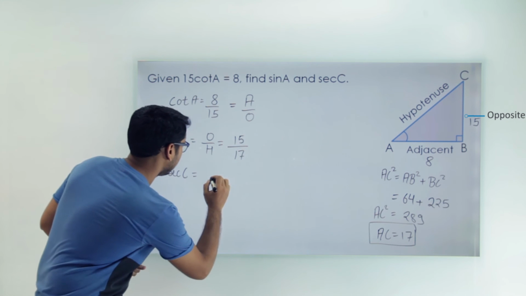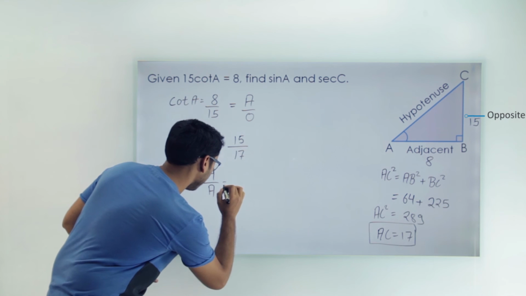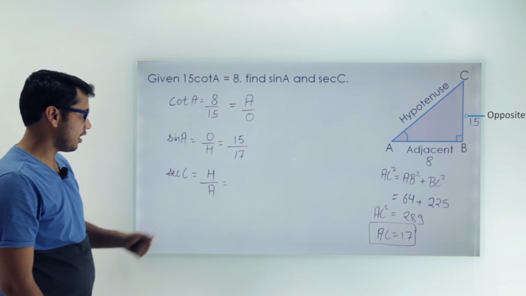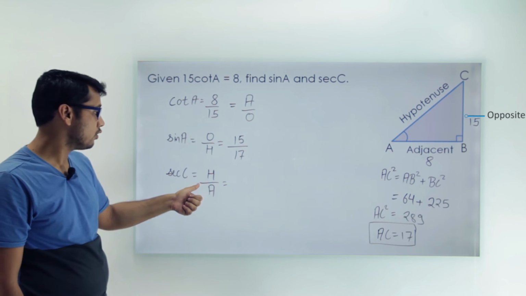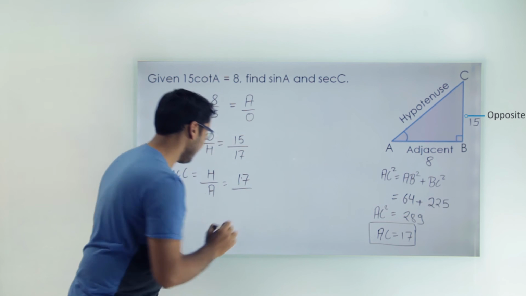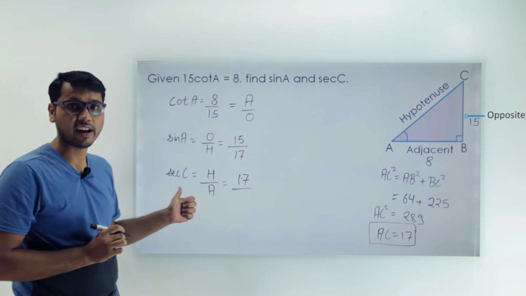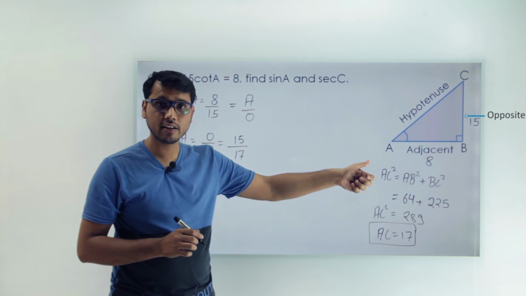The value of the hypotenuse doesn't change, so we put 17. Now can you tell me what is the adjacent for angle C? Will it be the same as AB?